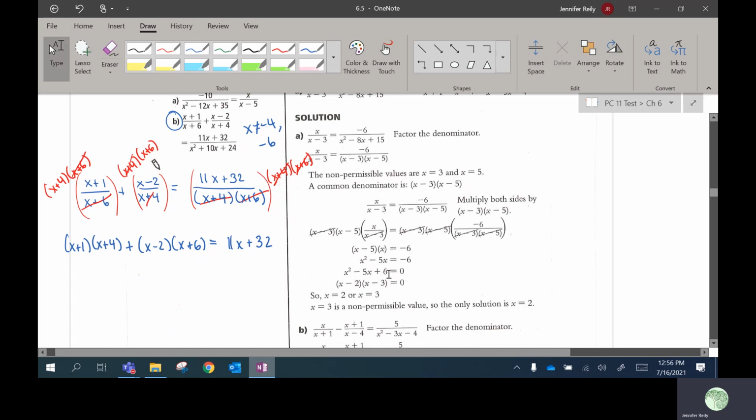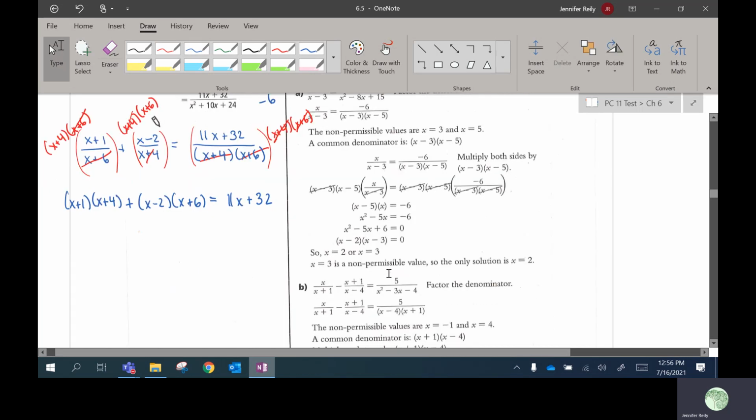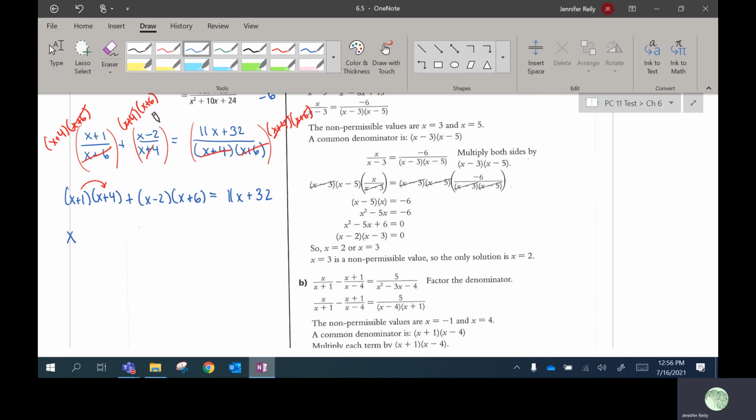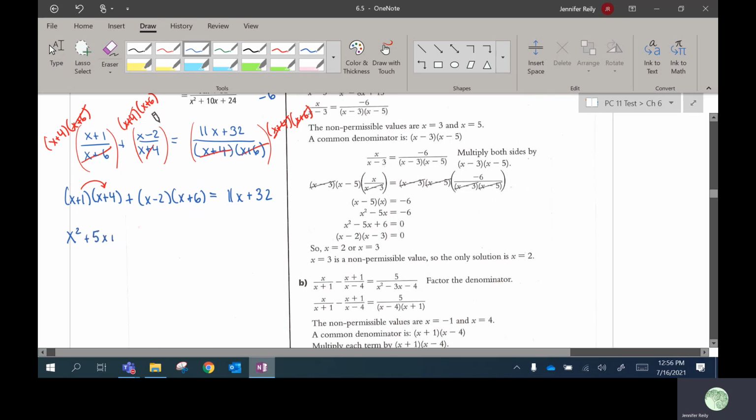Okay, that looks like a big equation, but we want to expand this out and collect like terms, and then we can solve it. So the first one, FOIL this out, you get x squared plus 5x plus 4. The second one, FOILed out, you get x squared plus 4x minus 12. And then on this side, you get this.